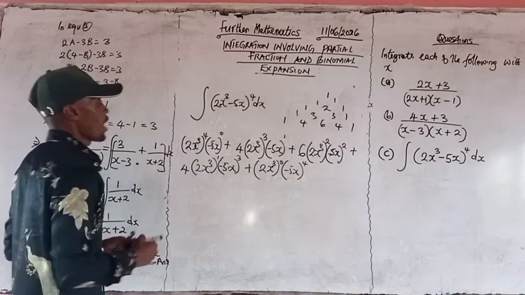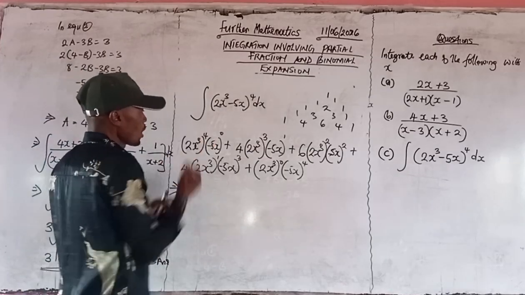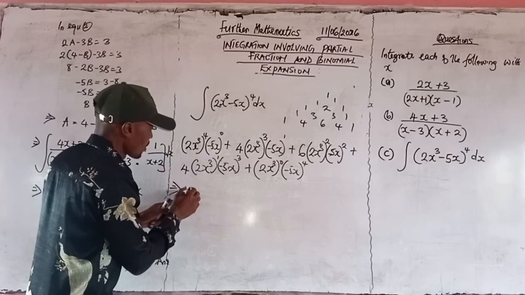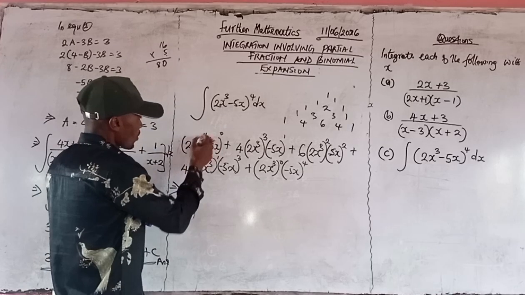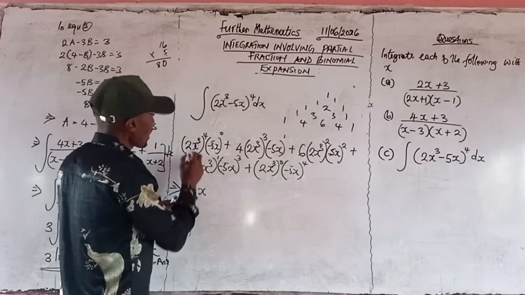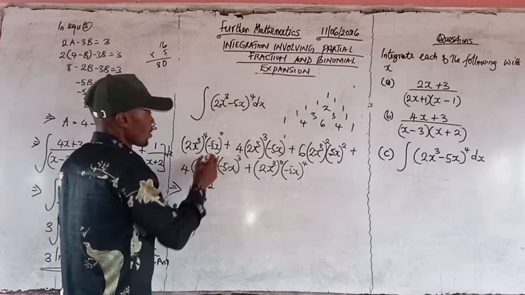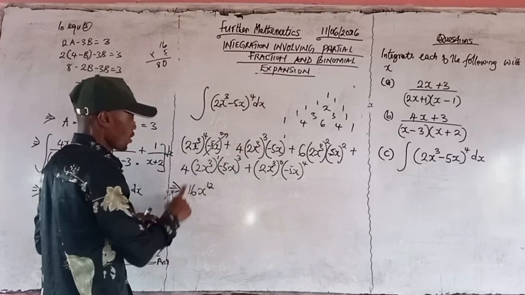We are going to have this to be equal to 2 to the power 4 is 16. This is actually 1. 16x^12, because anything to the power 0 is equal to 1. So that's the first one.